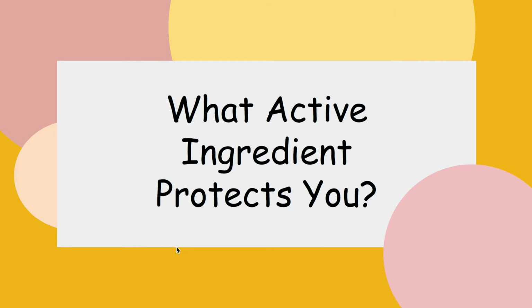What active ingredients protect you though? There are so many filters out there that I cannot talk about all of them, but we are only going to be talking about the most popular ones used in American brand sunscreens. In these sunscreens, what filters out the UV rays?